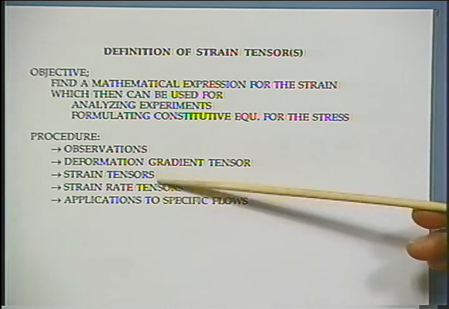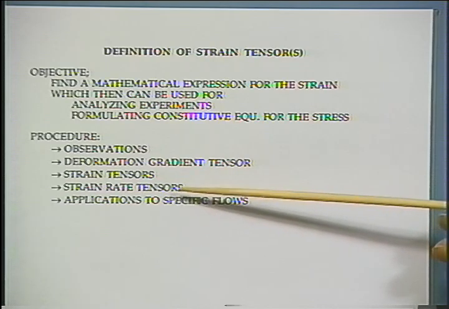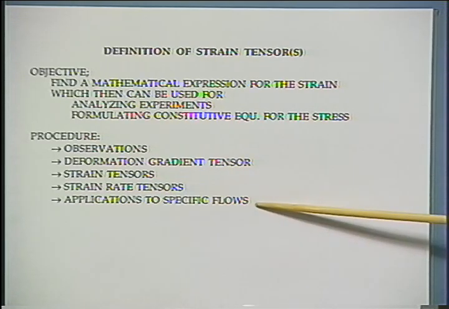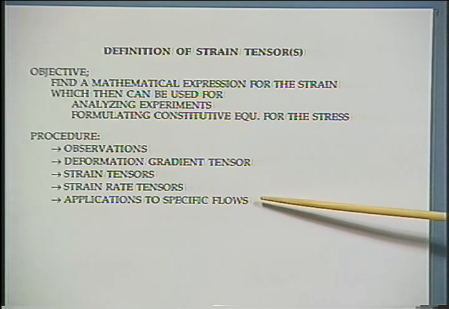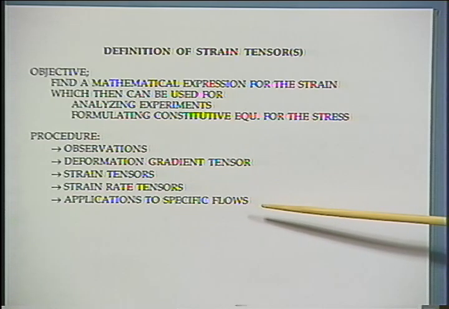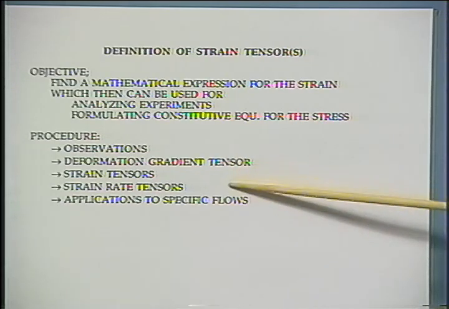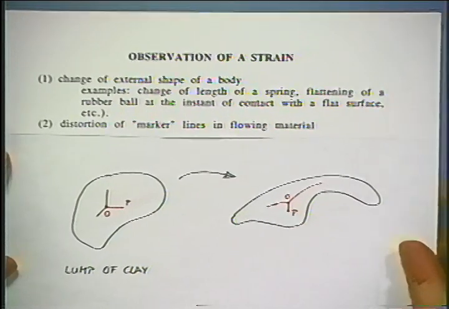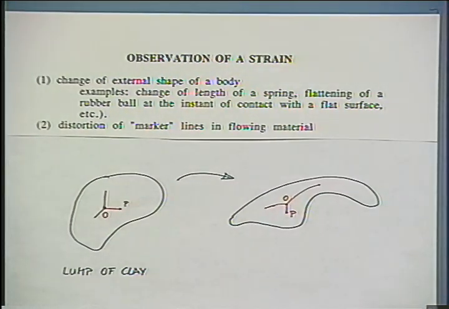Then talk about strain tensors in general and rate of strain, how fast do we deform the material. And then we reduce everything to look at specific flows. And as soon as we do that, everything reduces to something very, very simple again. It's complicated in some mathematical contributions in intermediate states, but then it will be very simple. So how can we observe strain?